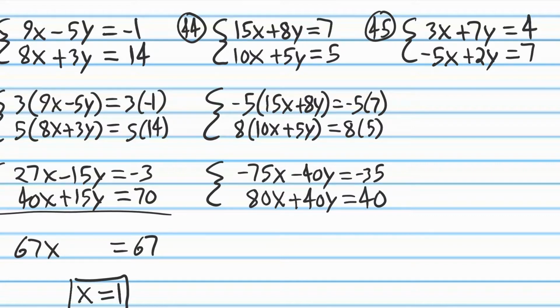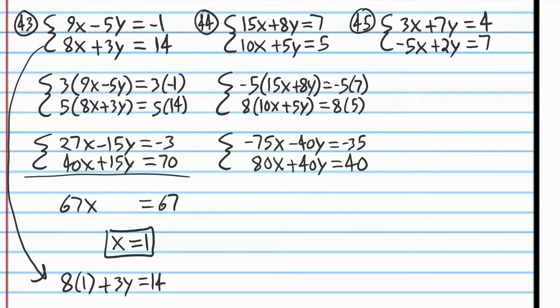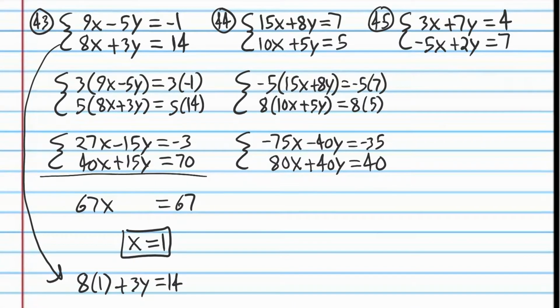And because these coefficients are opposite, the same coefficient but opposite, that's a good sign that we're on the right track. So now we can add them together. I should put the x's below. And x is equal to 1.